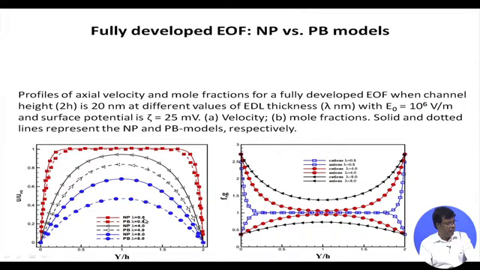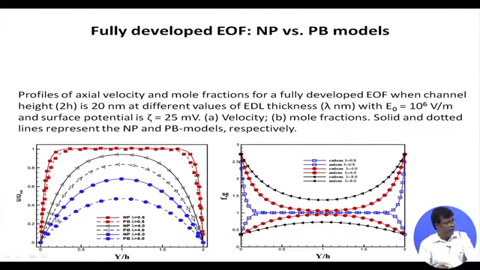If it is 0.8, we are getting a flat profile. That means the flow within the core is flat, and if lambda is high, say 8 nanometer, that means kappa is low.